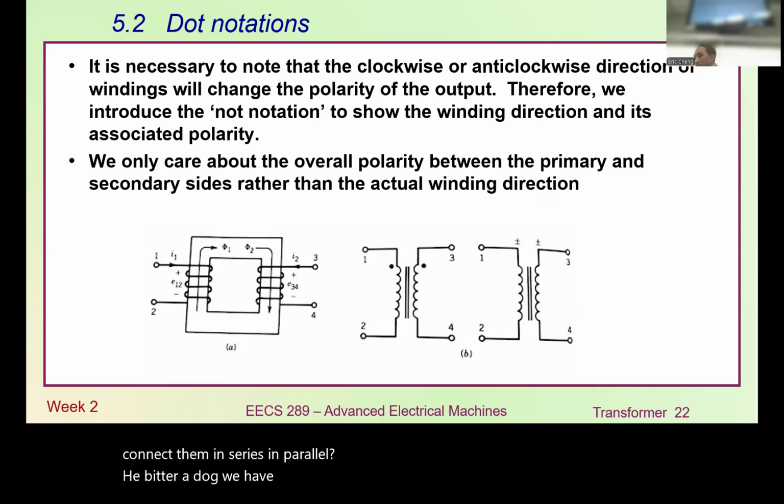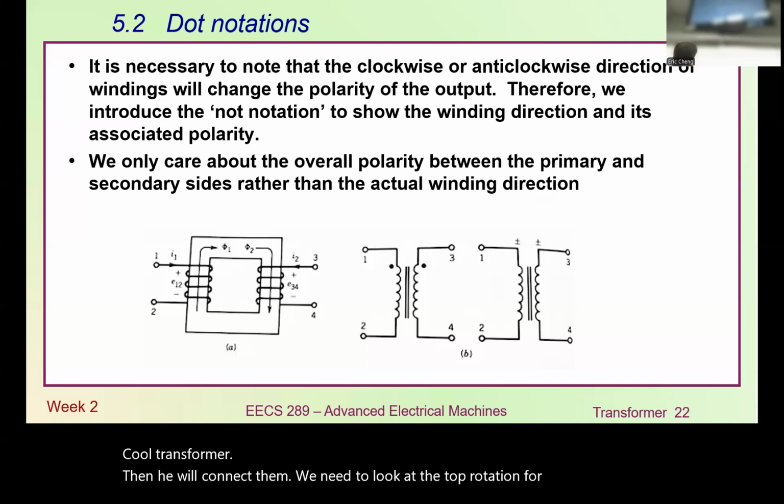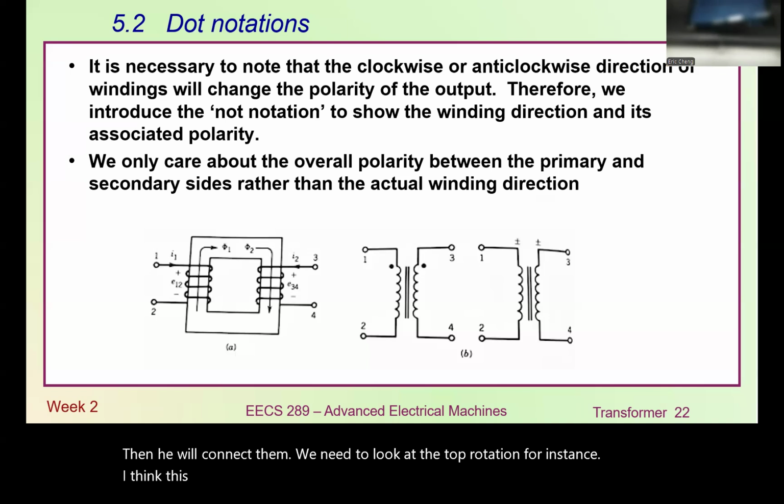For instance, if we have two transformers like this, then if you want to connect them, we need to look at the dot rotation. For instance, then connect this and this in parallel. Parallel is quite okay without problem.